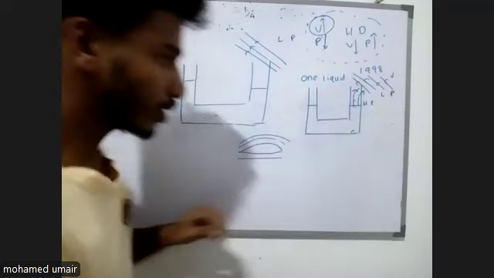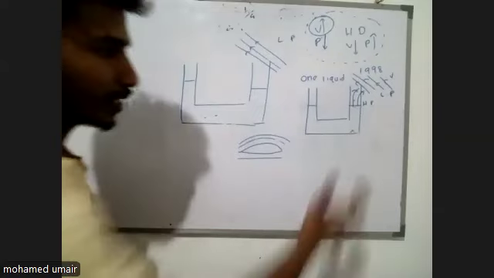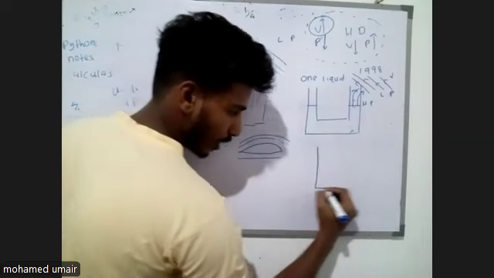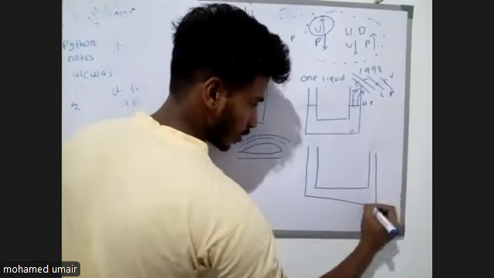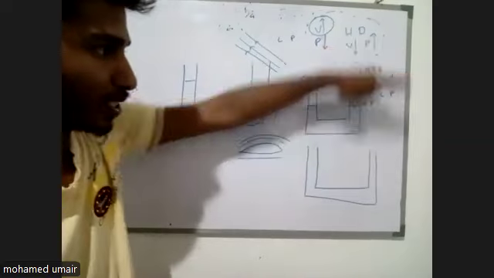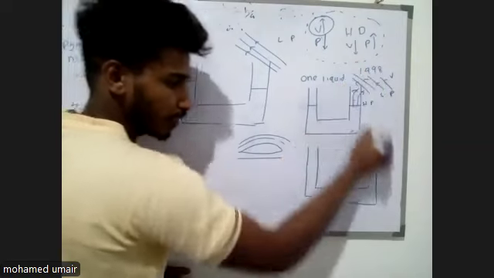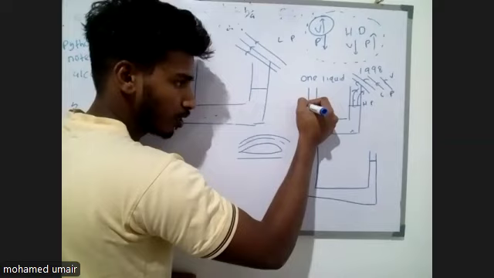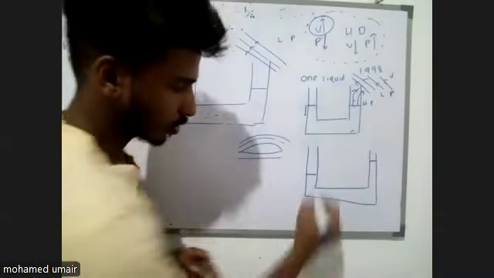Causing this liquid to rise. So if you look after a while, due to this high pressure, low pressure system, this liquid level might have risen upward, and this liquid level would drop.